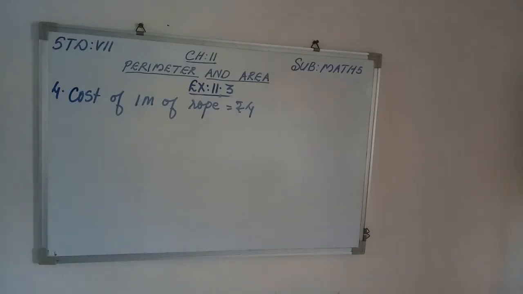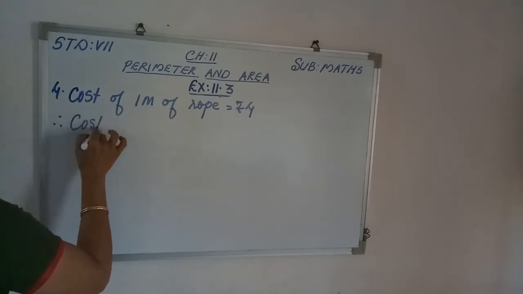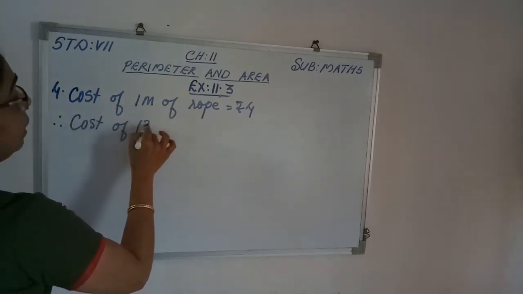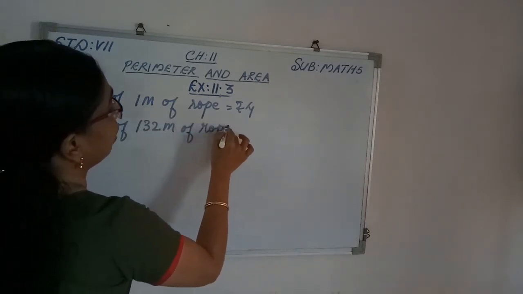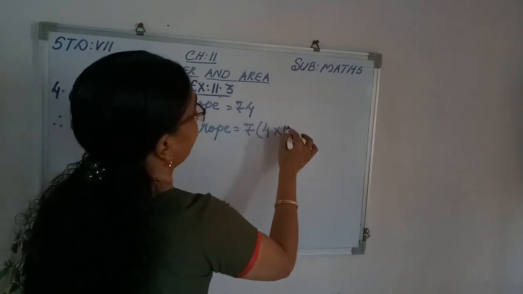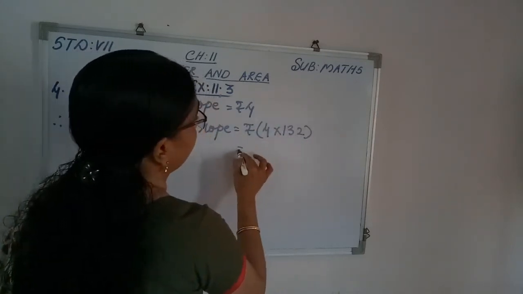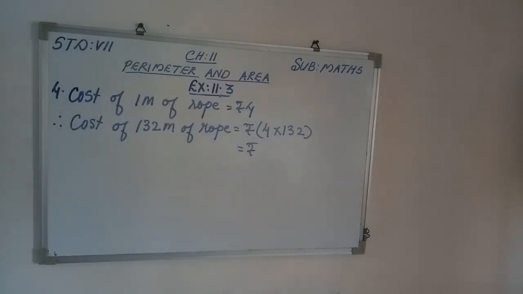Therefore, cost of 132 meter of rope. How will you find out? Multiplication. Rupees 4 multiplied by 132. What's the answer? 132 multiplied by 4. You will get 528.